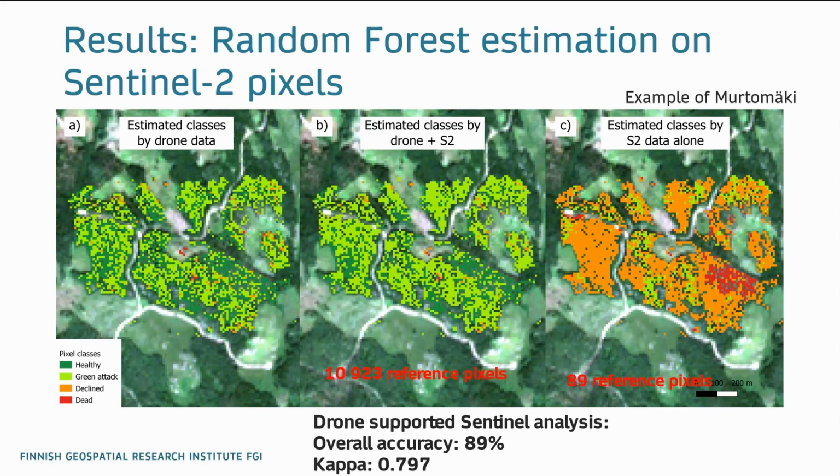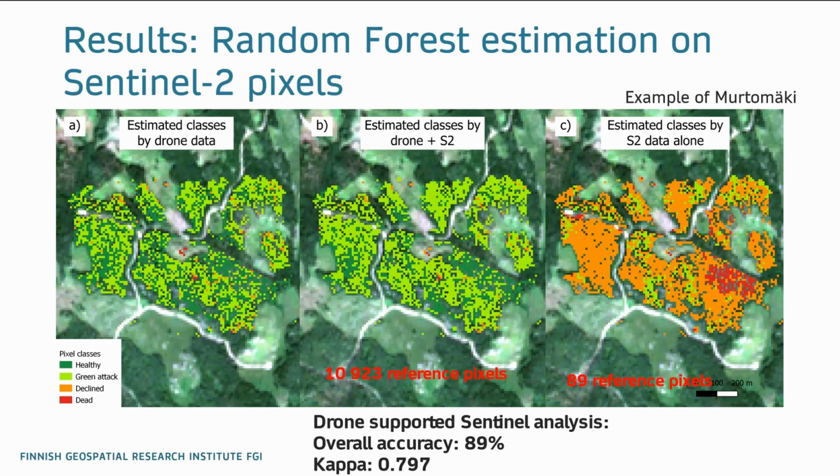With the drone data we get almost 11,000 reference pixels for the machine learning. But if we would use only the original ground truth data that was collected, we would have only 89 reference pixels. And when we applied that model, we get quite bad looking results if we compare to our ground truth here.